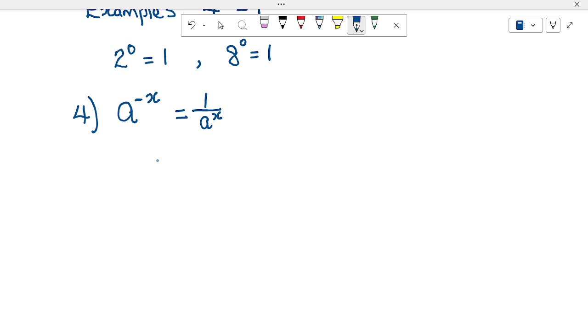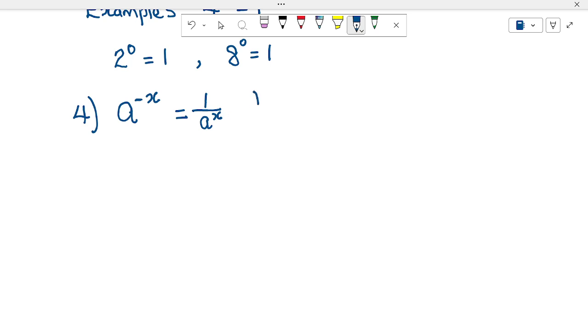It says that a raised to power minus x will give us 1 all over a raised to power x, meaning that this negative sign somersaults this whole expression, bringing it to be underneath.